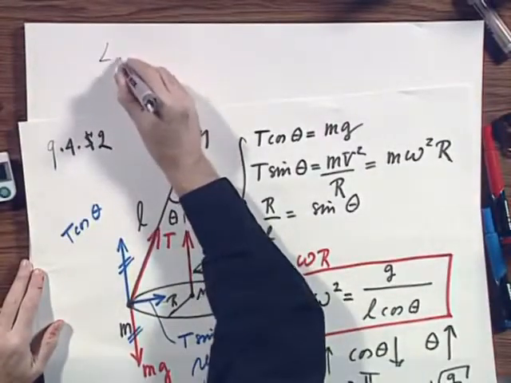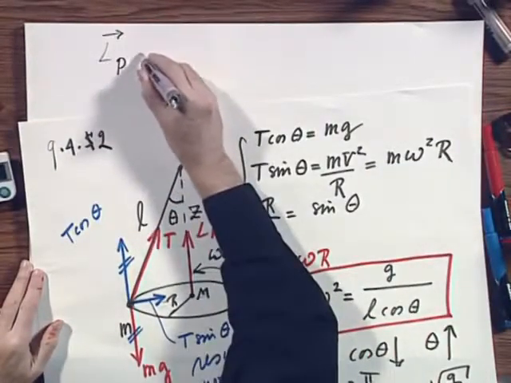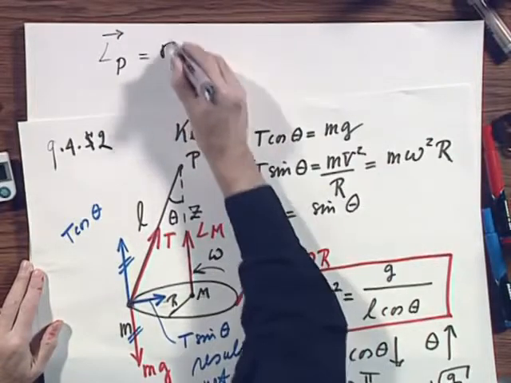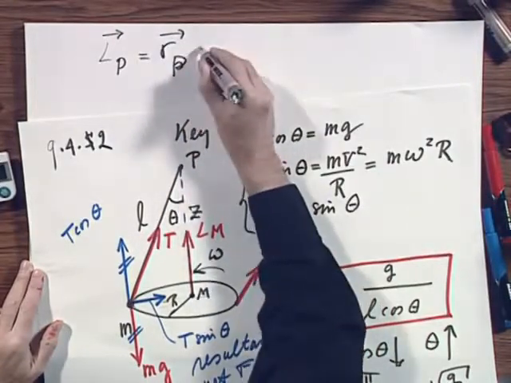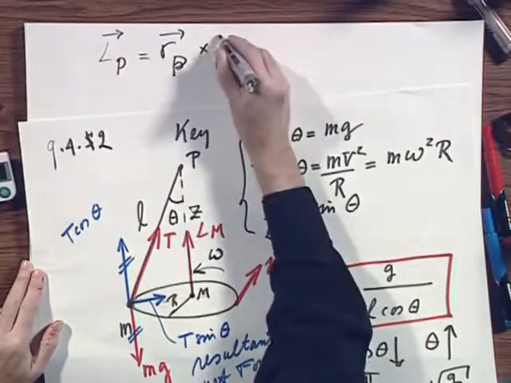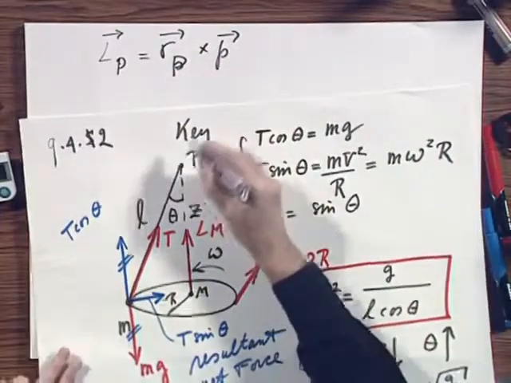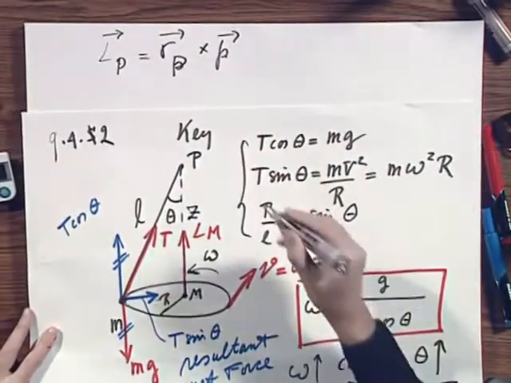What is the situation of the angular momentum relative to point P? Well, that is r relative to point P cross p. Don't confuse these P's. This P is this point, and this P is the momentum.